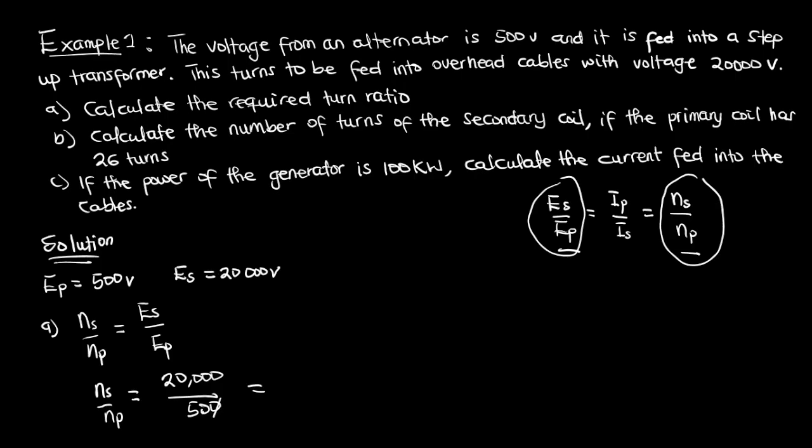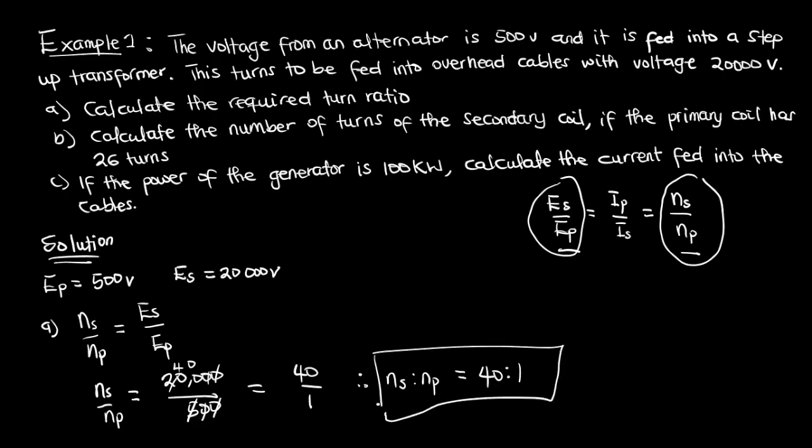If we look at that, these two zeros will cancel, and then 5 will go into 20 four times, with the 0 left over, so it becomes 40. So we have 40:1. Therefore, our turn ratio, the number of turns in the secondary to the number of turns in the primary, is equal to 40:1. So this becomes our answer.